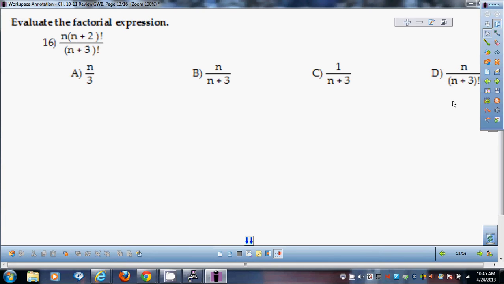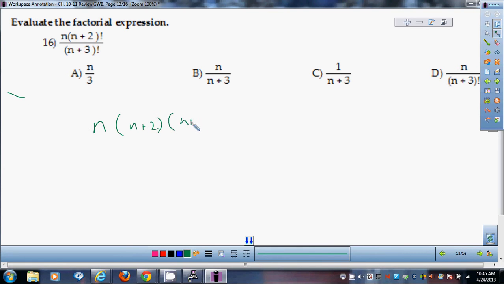Erica, here's a question. What does a factorial do? If I said 7 factorial, what would that be? And you keep going down 1, right? Same difference. If you went down 1 for what was factorial, that'd be n plus 2 times n plus 1 times n minus 1 all the way down to the end. On the bottom, you'd have n plus 3 times n plus 2 times n plus 1 all the way down to the end.